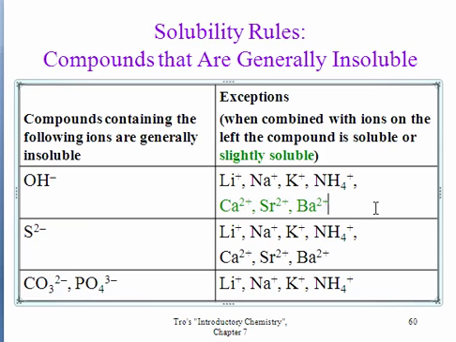That means they dissolve a little bit, but really not very much. Sulfides are insoluble except for these, which make everything soluble, and then calcium, strontium, and barium. And carbonate and phosphate are insoluble except for our magic 4 cations that make everything soluble.